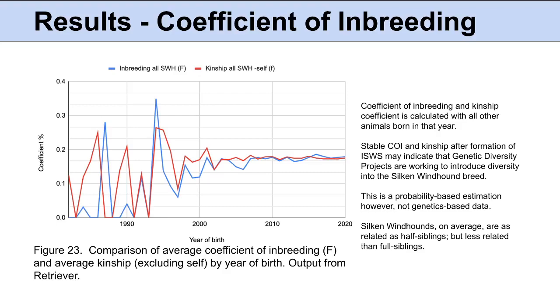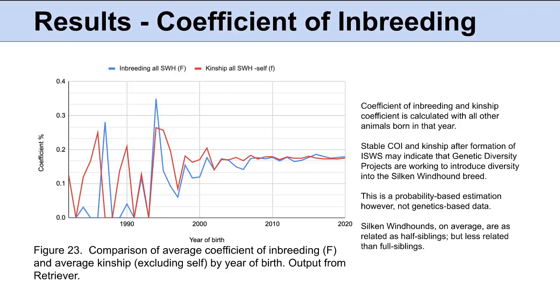So if you took two dogs and sat them next to each other, you could assume genetically, based on this mathematical probability, that those two dogs are as related as half siblings. And there's another important part of this graph, which is there is a spike around 1994 of inbreeding. It goes up to almost 35%.